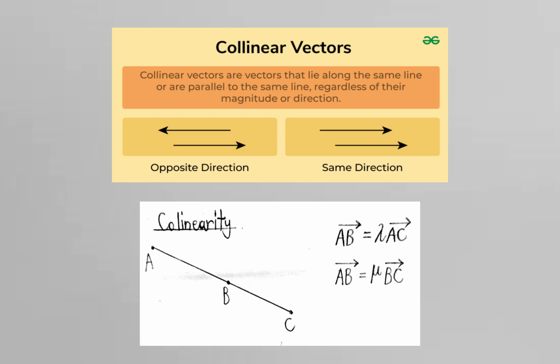You can see in the diagram at the bottom how collinearity looks when it involves 3 points. Because they are in the same direction, you can multiply them by a constant. This is how you can tell if the vectors are collinear with each other, thus they will lie on the same line.